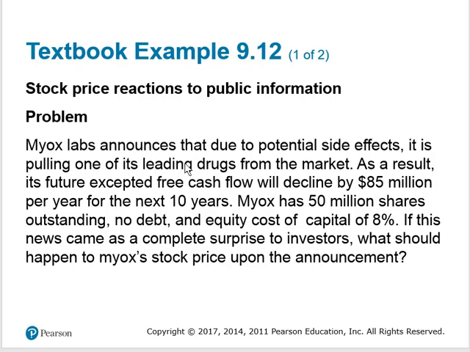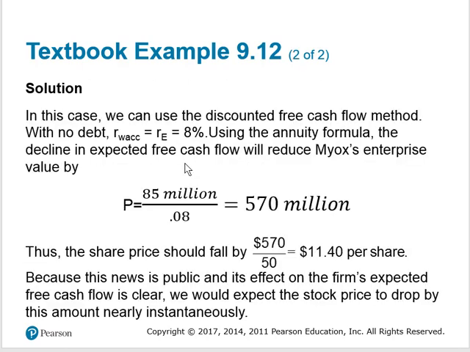If this news came as a complete surprise to investors, what do you think would happen to the stock price? Well, you can think, if bad news happens, what would that do to your appreciation of the stock? Obviously, it would decline. But we can quantify this, right?